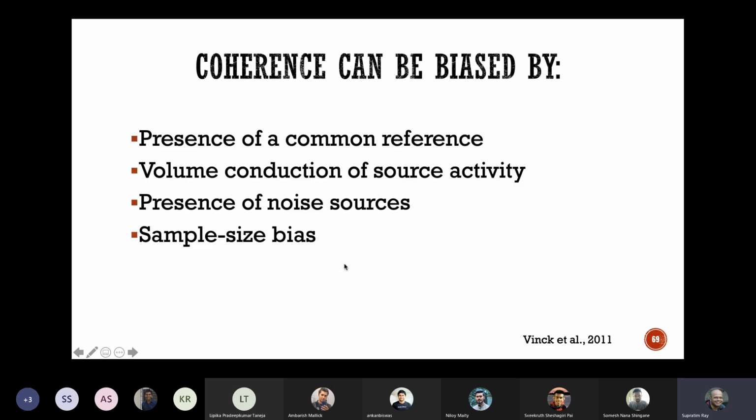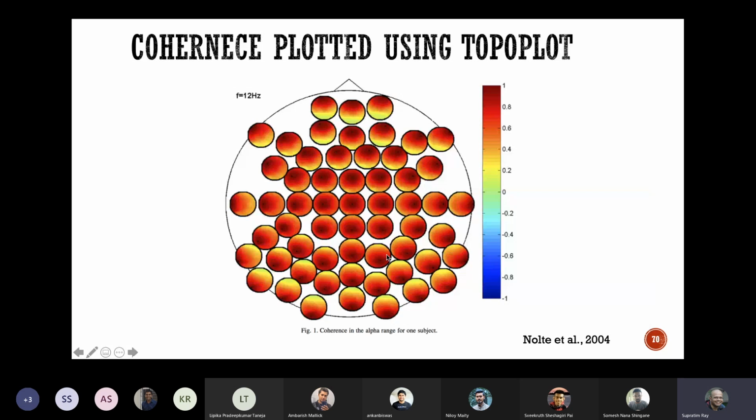So how do I display this whole thing? One way is to make plots like these, where can you guys see a black dot here? It's maybe hard to see. So there's actually a black dot here, which is the seed region. Okay, so this is the electrode here, and the black dots are all on this side.